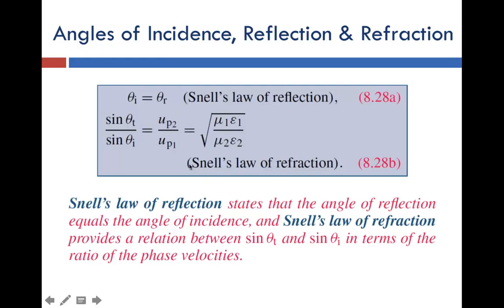And then Snell's law of refraction says that the sine of theta t, the sine of the transmitted angle, divided by the sine of the incident angle, is the square root of mu1 epsilon1 over mu2 epsilon2, which is the phase velocity in media 2 over the phase velocity in media 1. So in other words, the angle of reflection equals the angle of incidence, and for refraction, the sine of transmitted and sine of incident is expressed in terms of the phase velocity ratios.